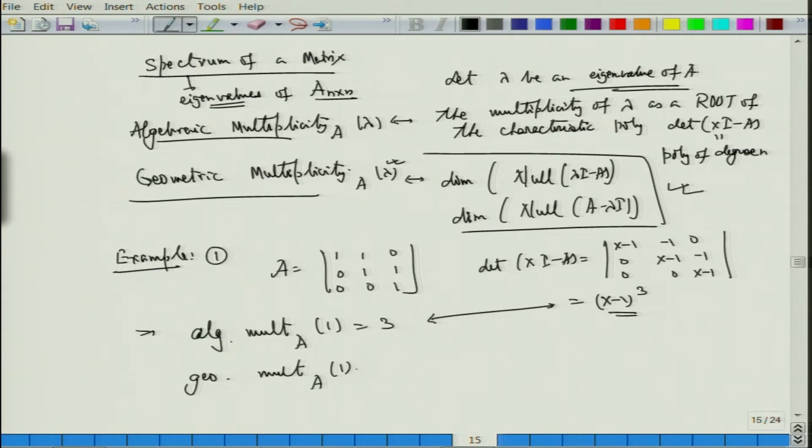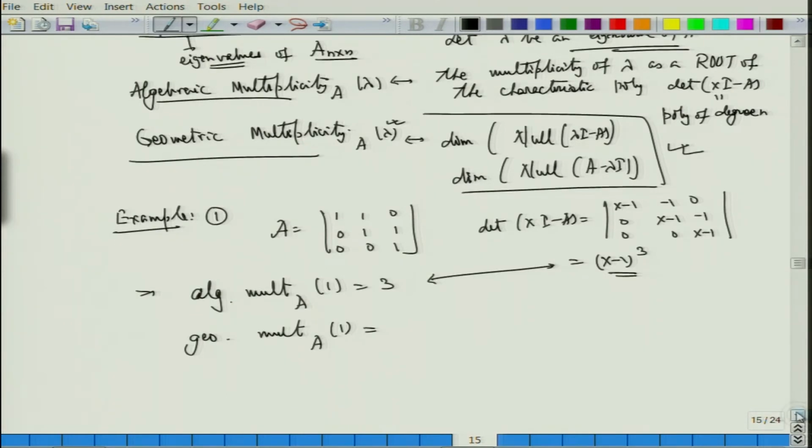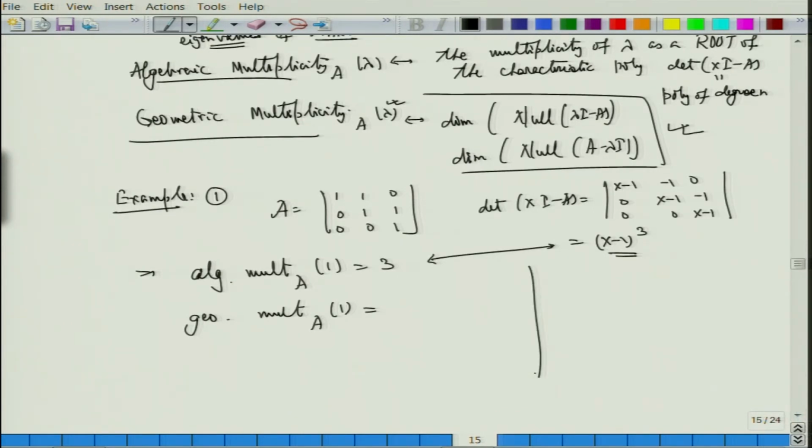So, I need to look at the null space for lambda equal to 1, that is, the null space of I minus A. This corresponds to the matrix, replace x by 1 here. If I do that, 1 minus 1 is 0, minus 1, 0; 0, 0, minus 1; 0, 0, 0, all right. So, this is the matrix that I am looking at.